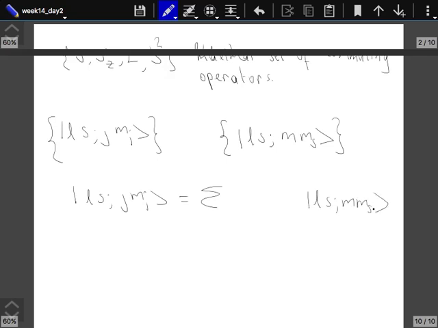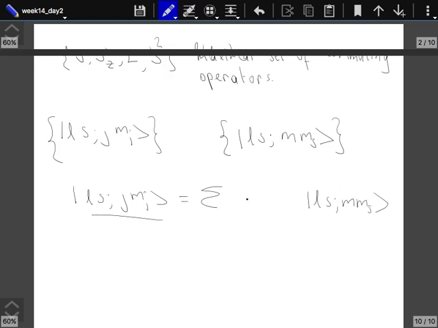Since they form a basis, any ket can be written in terms of one or the other. So I pick an arbitrary ket, which just happens to be an element of the first basis. I can write that ket as a sum of the kets in the second basis with certain coefficients.